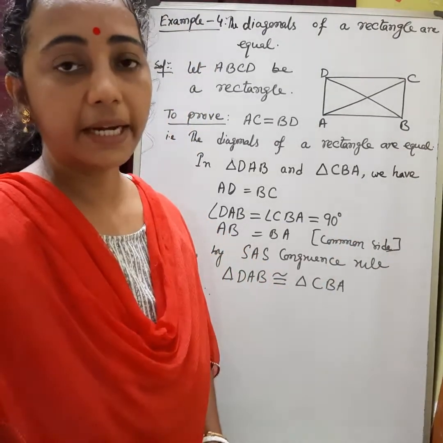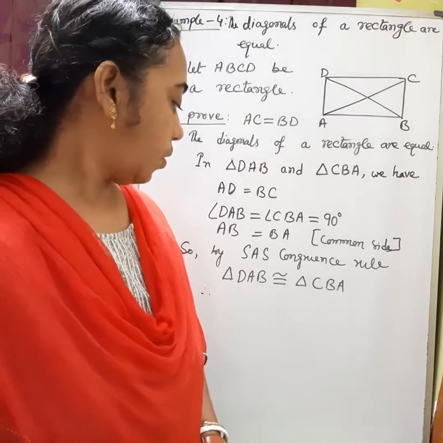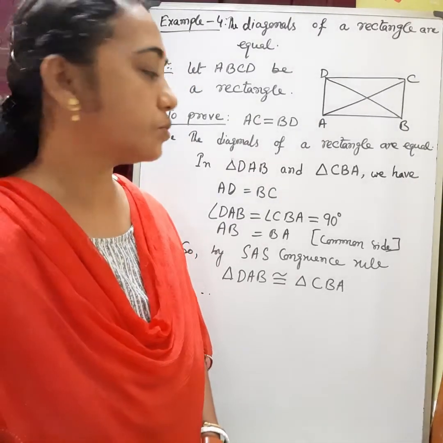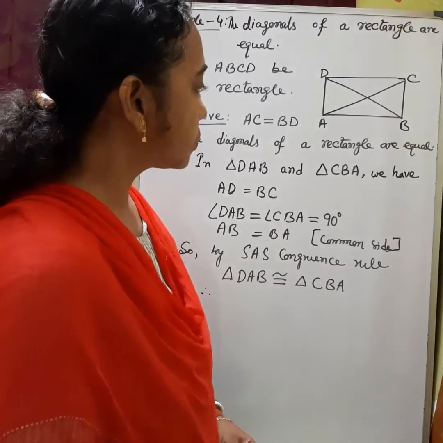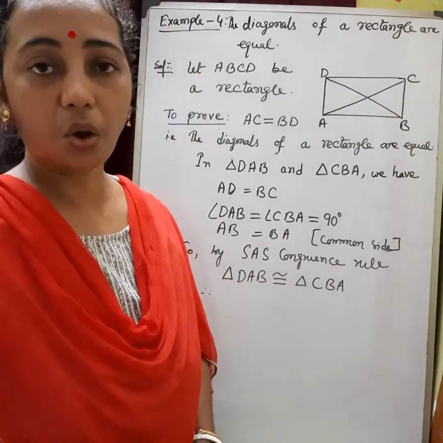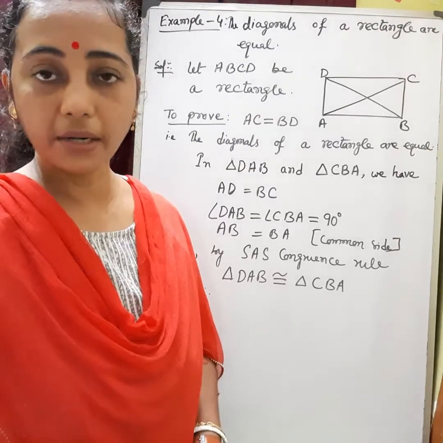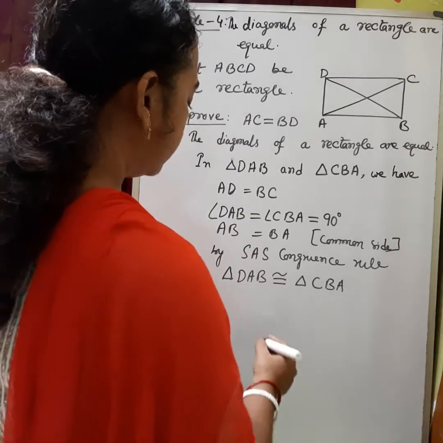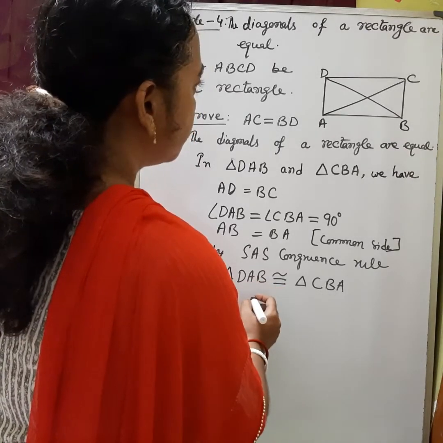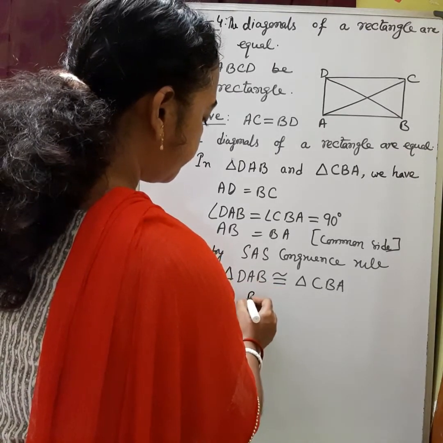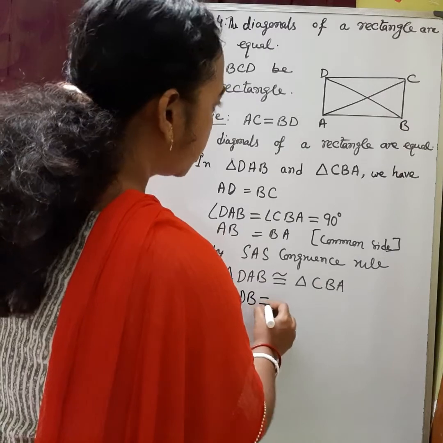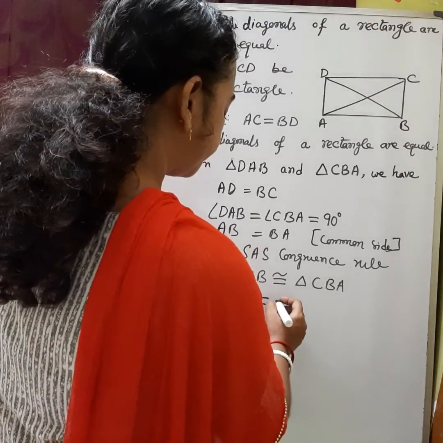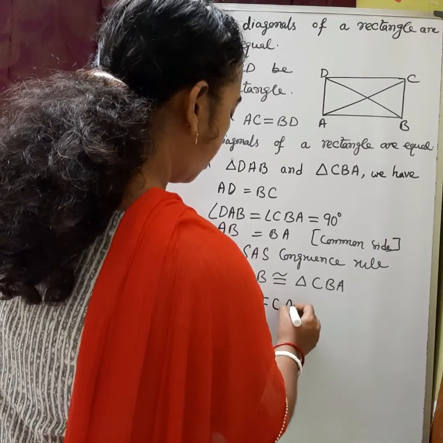So by the side angle side congruence rule, or in short by the SAS congruence rule, these two triangles are congruent. Also we know that if two triangles are congruent, then their corresponding parts are equal. So from this figure we can say that in triangle DAB we can write DB equal to, in triangle CBA, CA or AC.